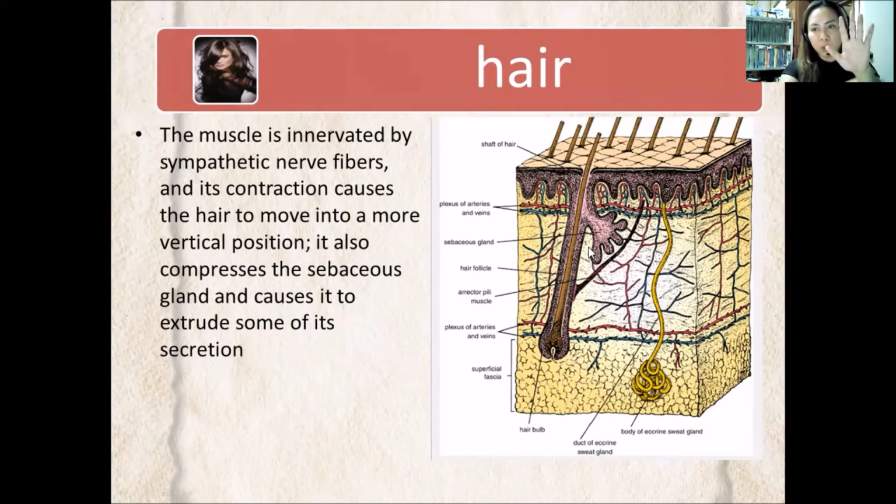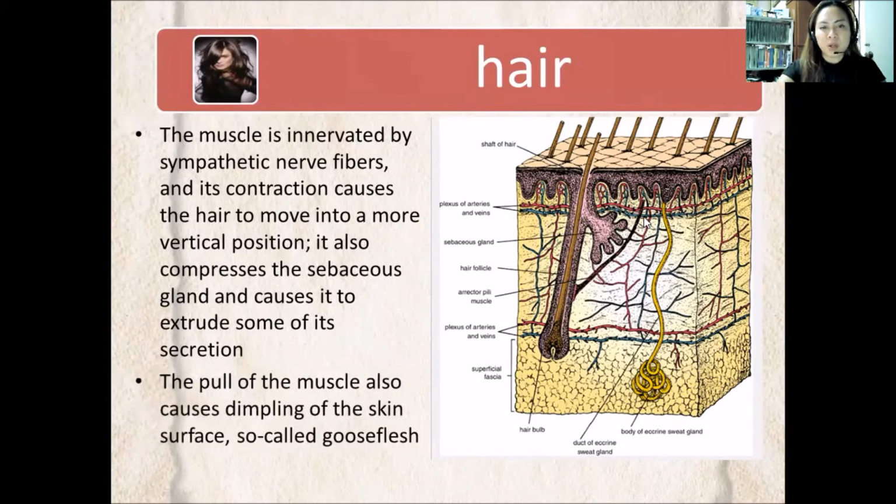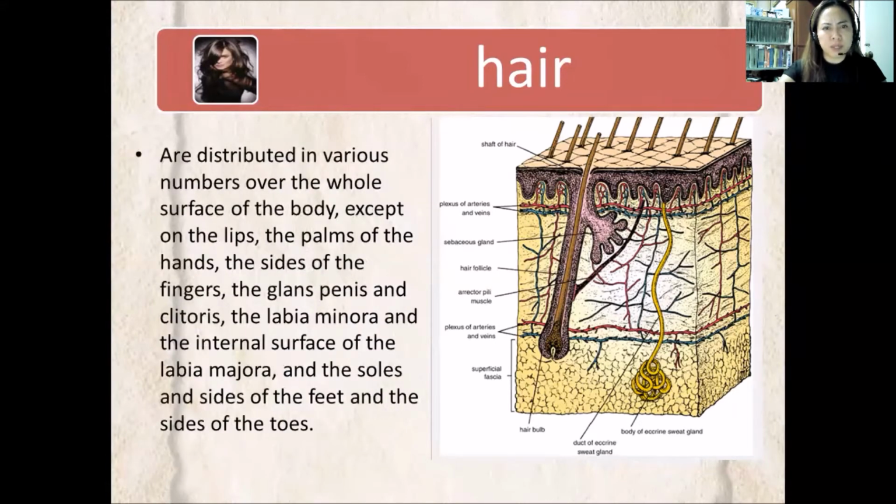So pag tumayo yung mga balahibo mo, ganyan, it is because of the contraction of your erector pili muscle. Okay? So the pull of the muscle also causes dimpling of the skin surface, which we call goose flesh or goose bumps.